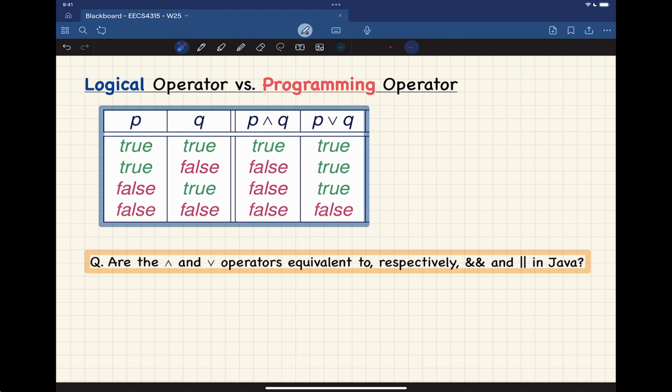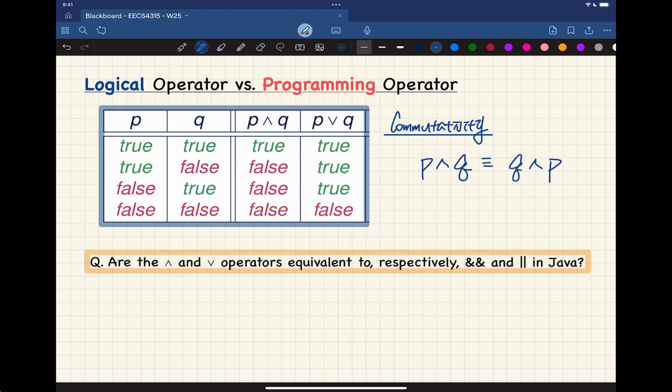Okay, so I want to remind you of something. I'm going to present it from a slightly different angle, which is equivalent. You heard about something in 1090 called commutativity. In logic, when you say the operators commute, it simply means that P and Q, Q and P are equivalent.